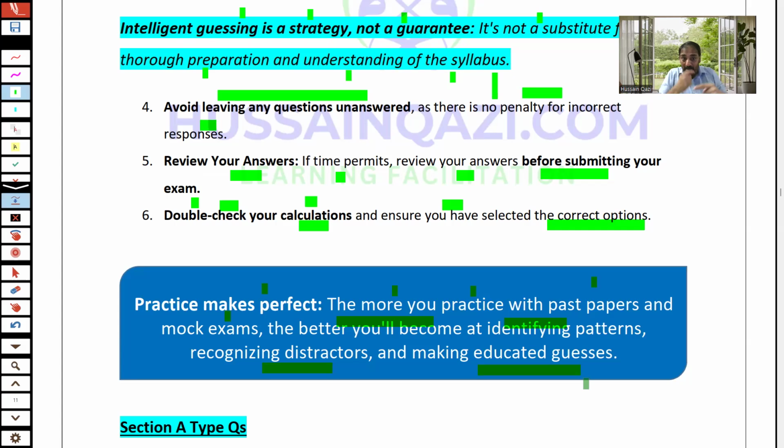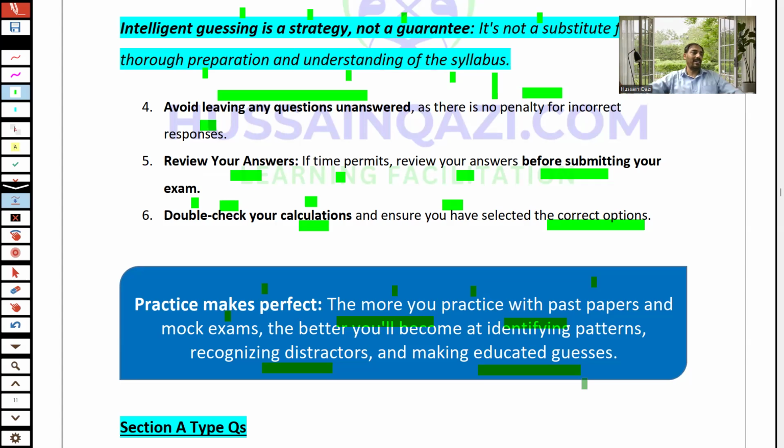Practice makes a man perfect here means if you attempt more and more questions, you will be able to identify the psychology of the examiner. Psychology means identifying the patterns, recognizing the distractors, such as which two of the following are incorrect, matching the answers and distractors, and being able to make an educated guess.